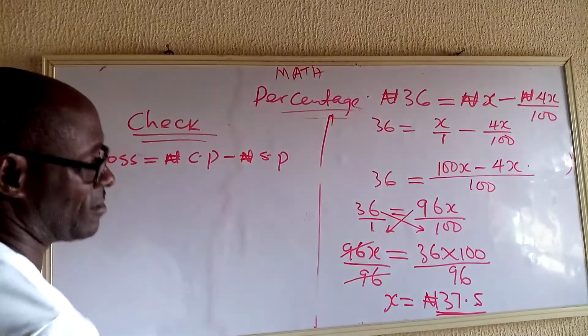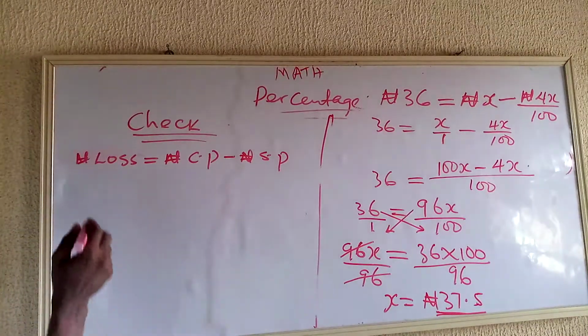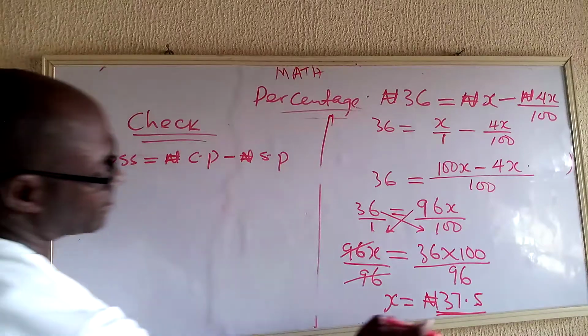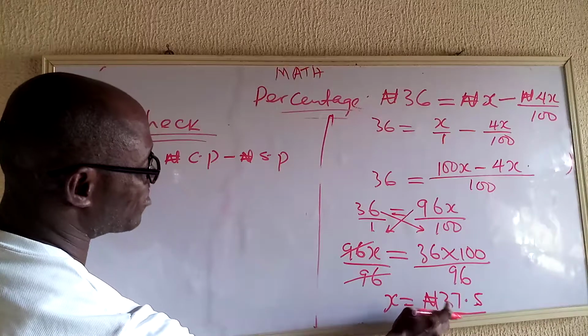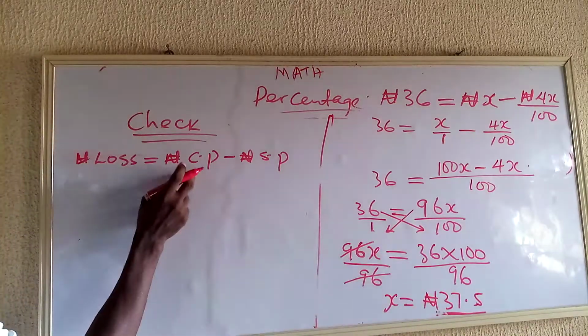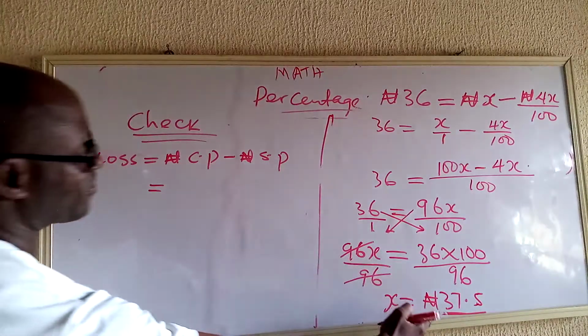In this case, we are dealing with the naira. So what did I get here? My cost price is 37.5 naira, so I'll put it here. It will come and replace this.